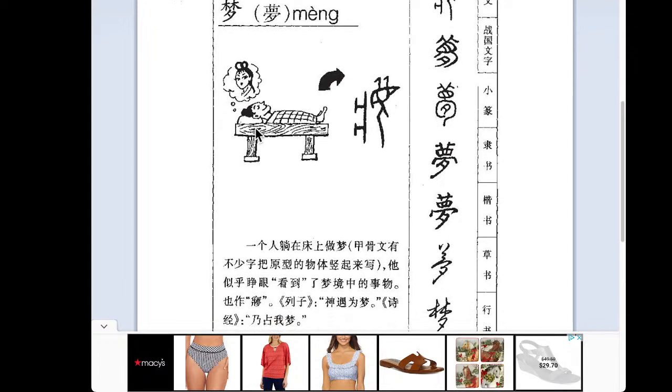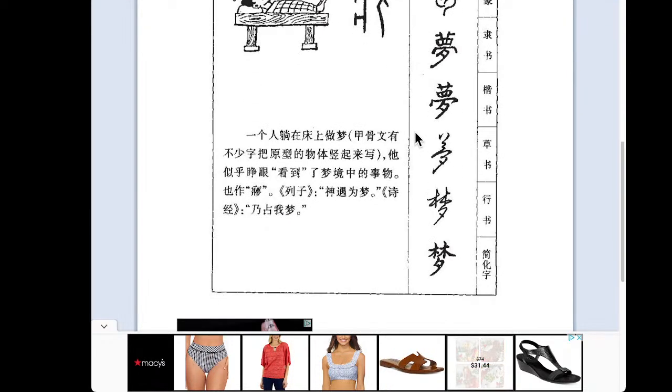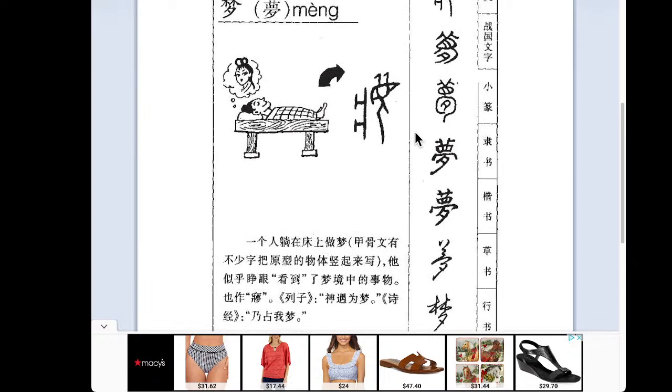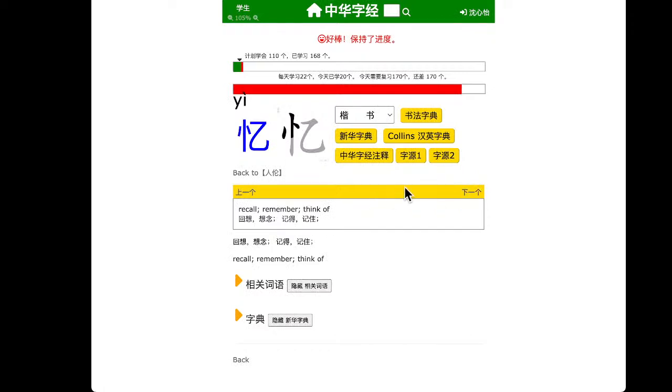He's a person sleeping here. It's pretty abstract, but that's the idea. It's drawn sideways. Yi refers to recalling or remembering or thinking of.